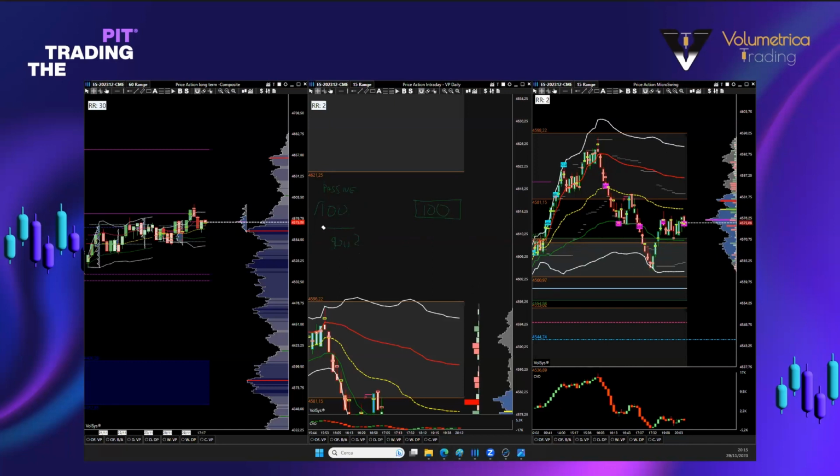That's why this kind of order is called an iceberg, because exactly as the iceberg being in the ocean, the biggest part of that order is below the sea level, so it's hidden.